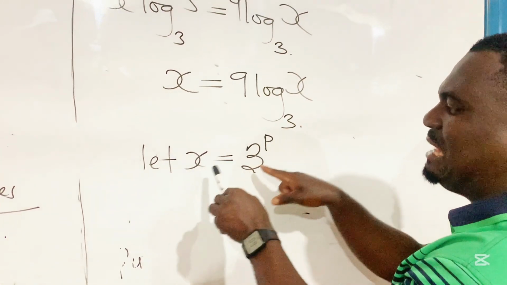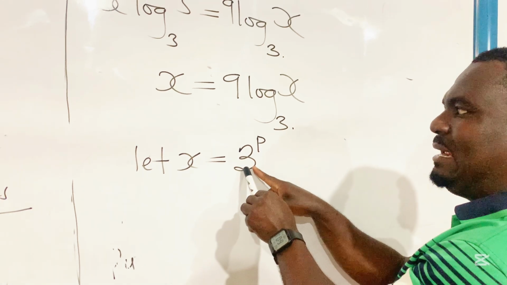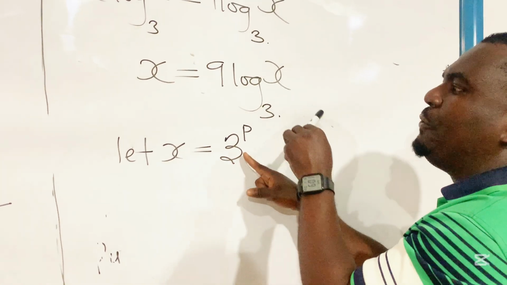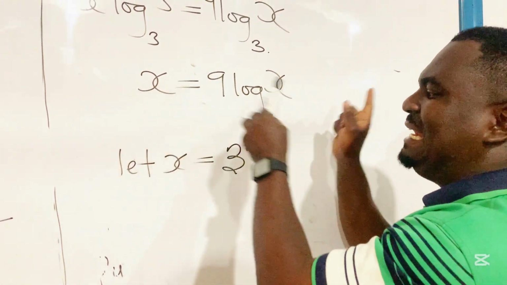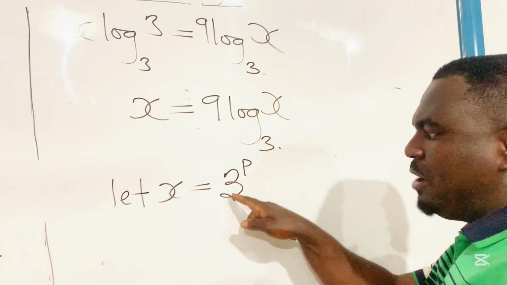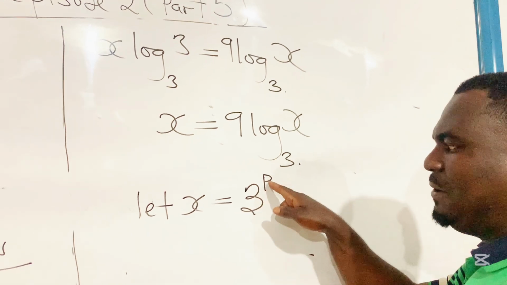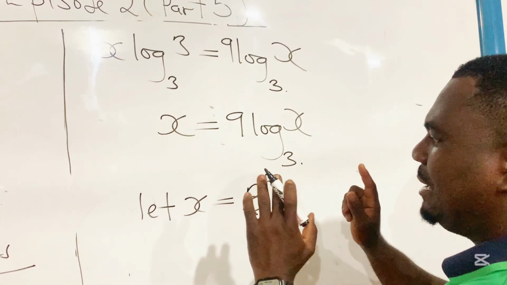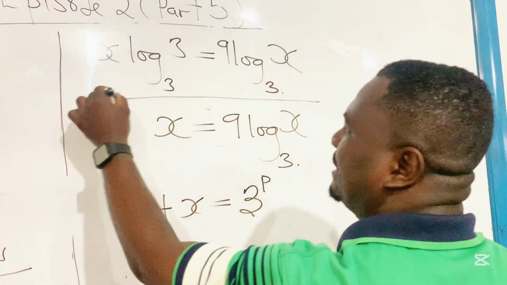The reason why we choose 3 is because the log is given in base 3. So if you want to represent your x with any other number, then you consider the log base, which is 3. That is why we are choosing 3 exponent p. So what it means here is we are going back into this equation.